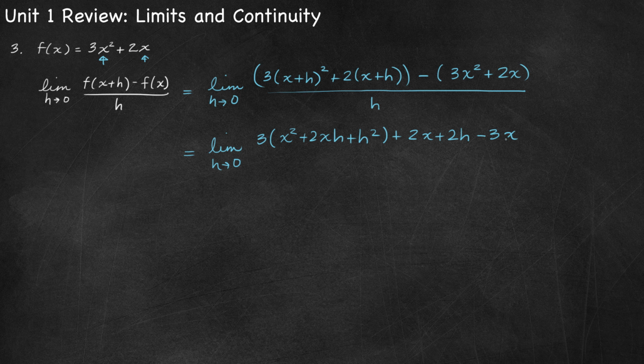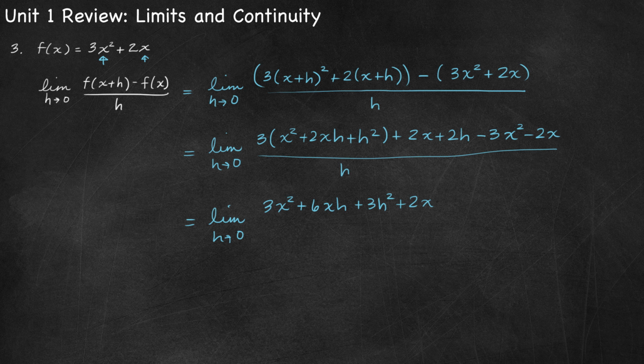So minus 3x squared minus 2x, all of that over h. Let me go ahead and distribute that 3. So 3x squared plus 6xh plus 3h squared plus 2x plus 2h minus 3x squared minus 2x all over h.